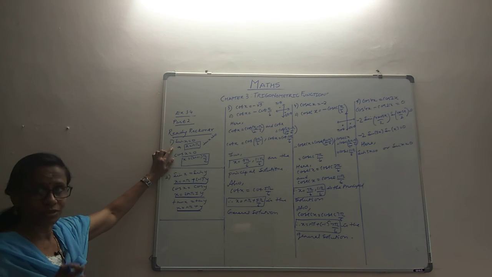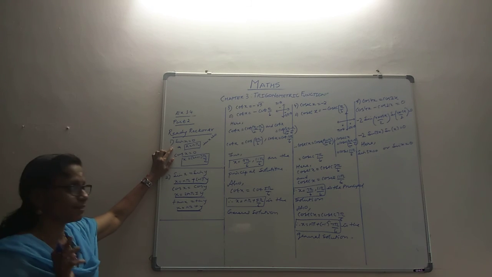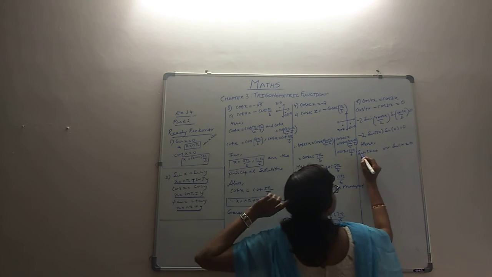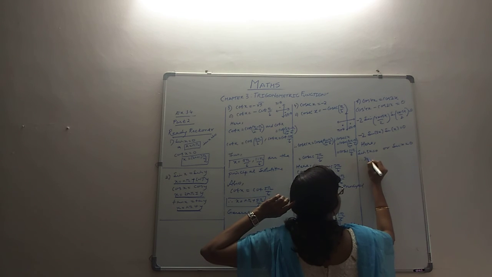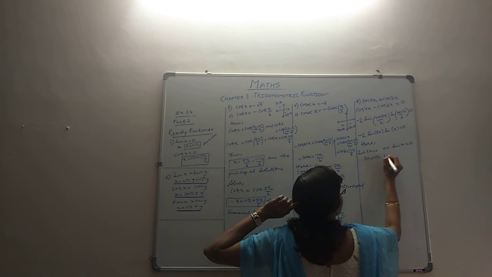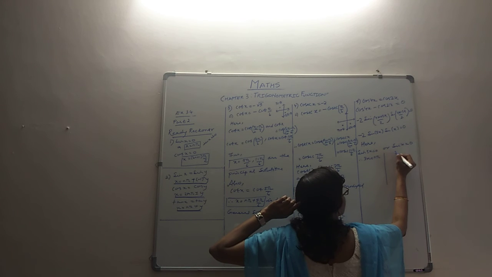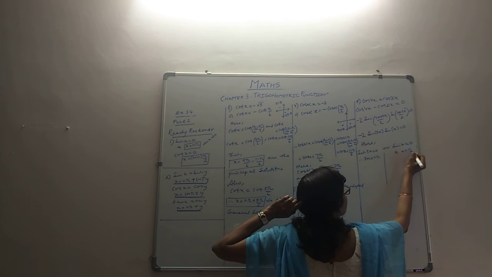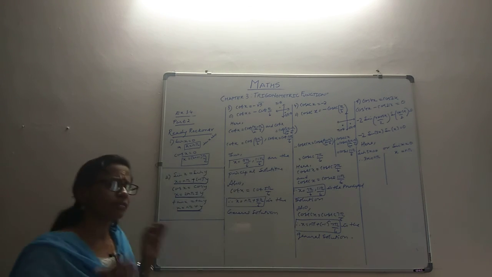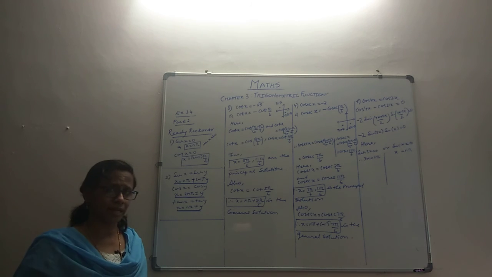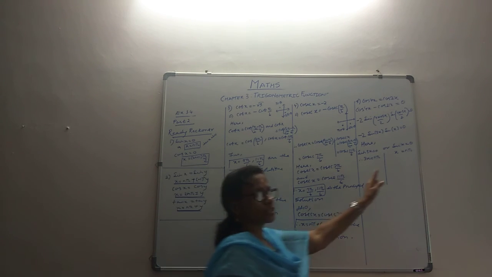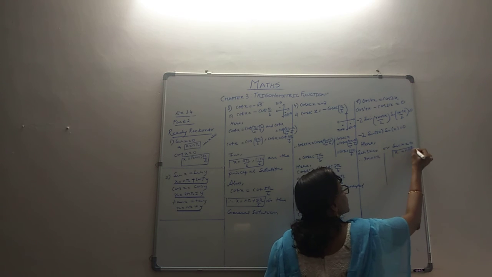Whenever sin x equal to 0, x equals n pi. When sin 3x is 0, 3x becomes equal to n pi. Also when sin x equal to 0, x becomes equal to n pi. We have learnt that whenever it becomes 0, x has to be n pi. So x equal to n pi is a direct solution.